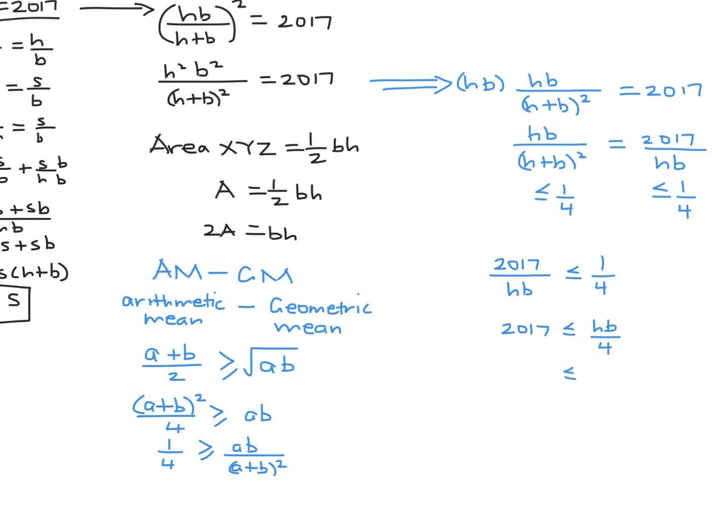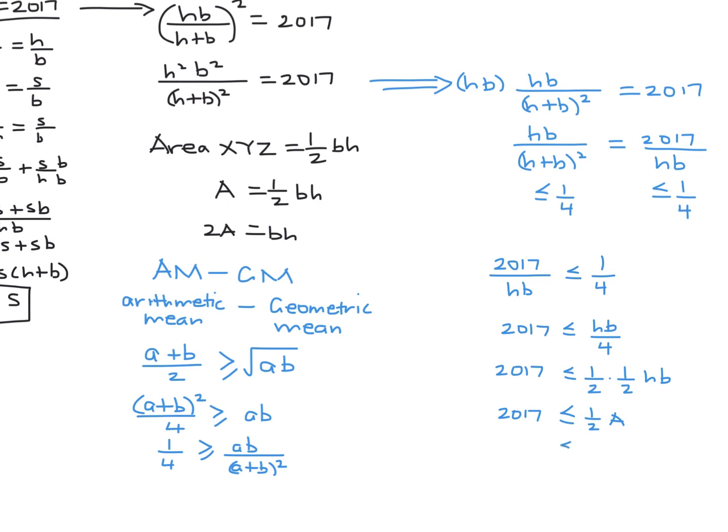And if I break this up into 1/2 times 1/2 hb, like that, this represents the area. Right here, see? 1/2 b times h is the area. So I'll just call that A. So 1/2 A is 2017.